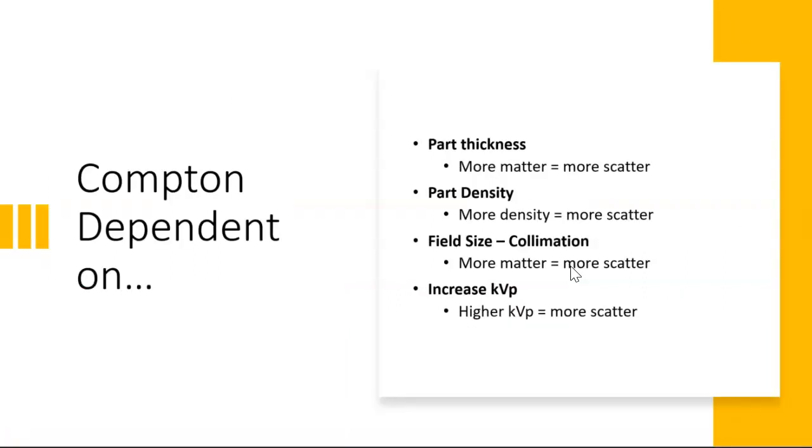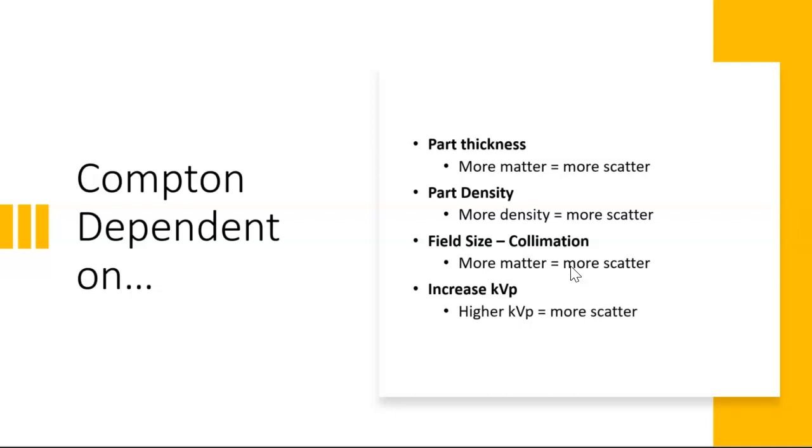Compton is dependent upon part thickness, so more matter, more scatter. Part density, more scatter. Field size, so it's really important to collimate. More matter, more scatter. If you open up your collimation and make it bigger, you're getting more matter within there, okay? Matter, we're talking about patient, okay?